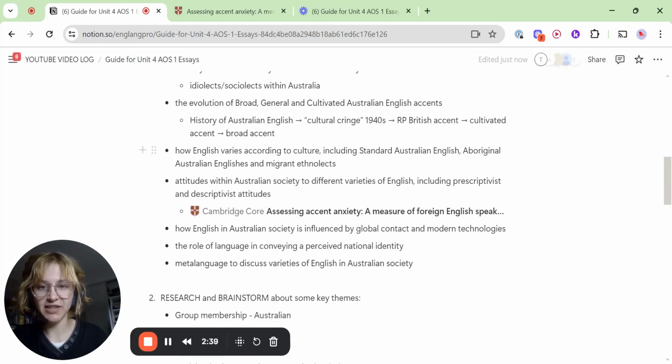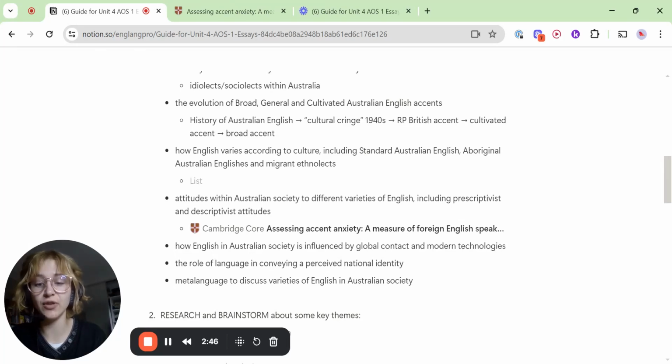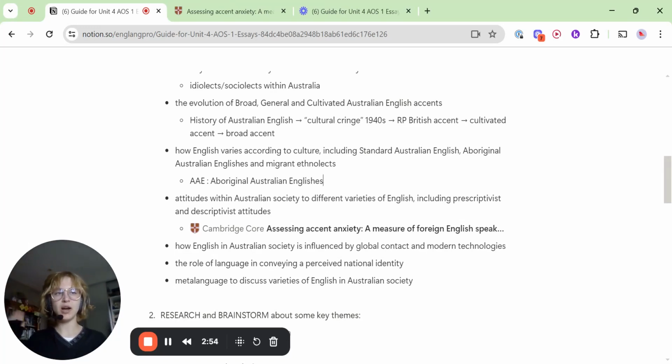All right, how English varies according to culture, including standard Australian English, Aboriginal Australian Englishes, and migrant ethnolects. So super important to have a look at AAE, which is Aboriginal Australian Englishes. Now, there are hundreds of Aboriginal languages, or, becoming less over time as we lose our Aboriginal languages. But with Aboriginal Australian Englishes, there's a huge variety as well.